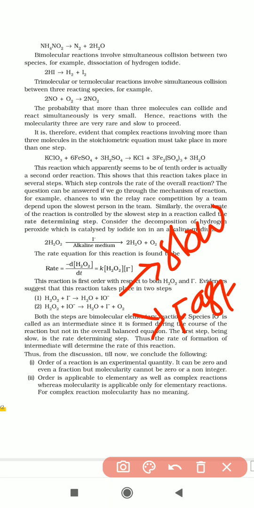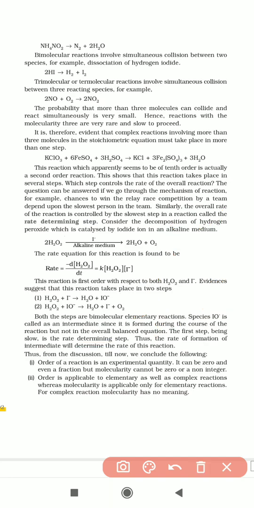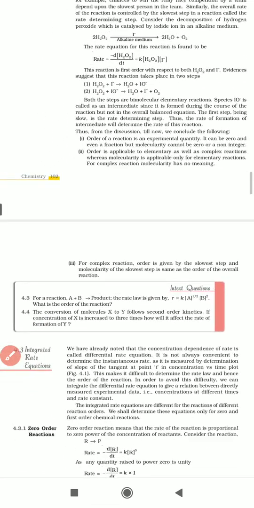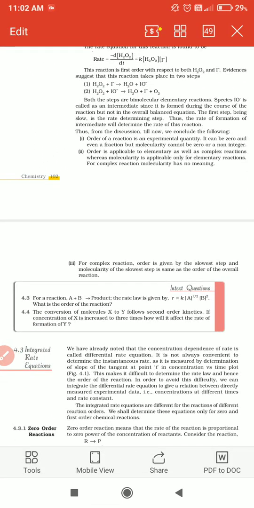The first step, being slow, is the rate determining step. The step that takes place very slowly is called the rate determining step. Among these two steps, which one is lesser in rate? Step 1. So step 1 is the rate determining step.